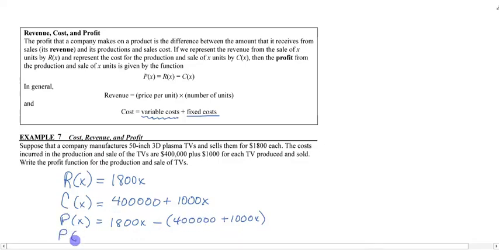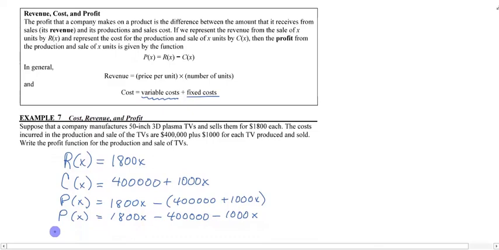So P of X equals 1,800X minus the 400,000 minus 1,000X. Okay, and now we just simplify. P of X is equal to 800X minus 400,000. That is your profit, the revenue minus the cost.